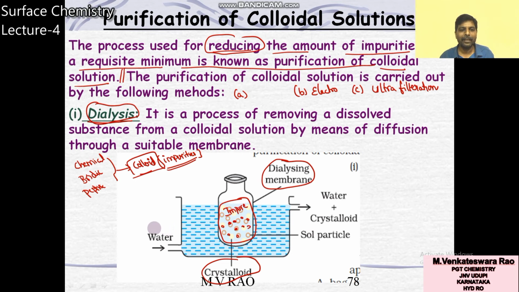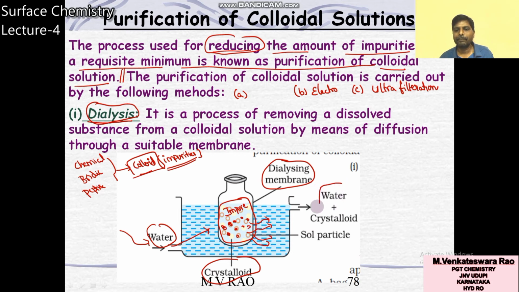So that's why you have to run water from this side, inside. It will flow inside into this membrane bag. By the flow of this water, the impurities will come outside as small particles.